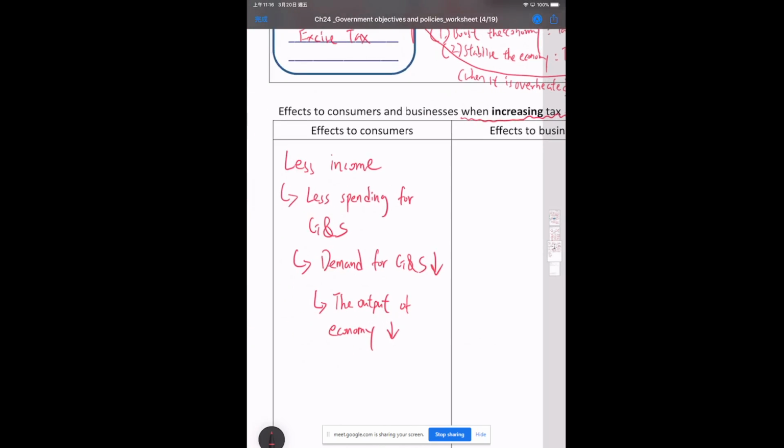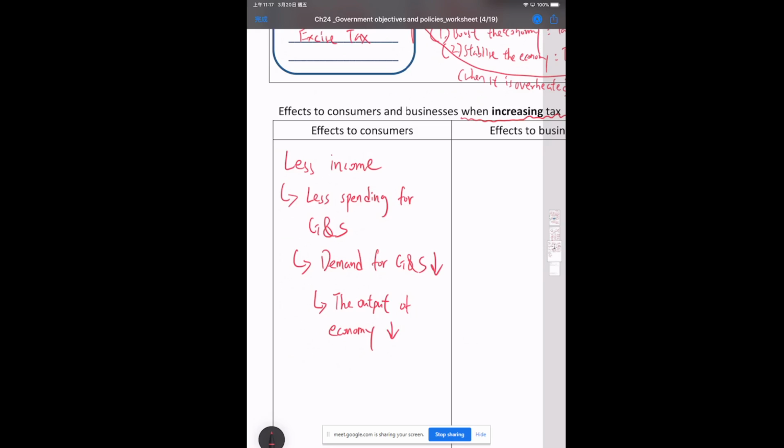Are you guys all right? Does it make sense? This is the effect to the consumers. It's like a flow: if you have less income, then you spend less, demand will be less, and at the end, when you look at the economy, the output will go down because people don't want to buy as many goods and services as before.